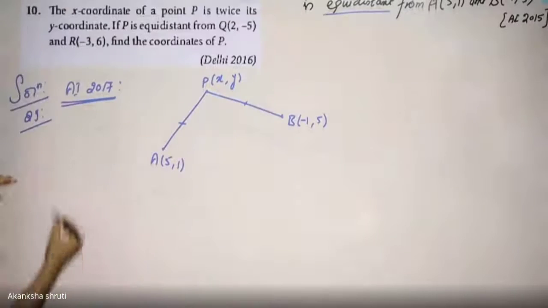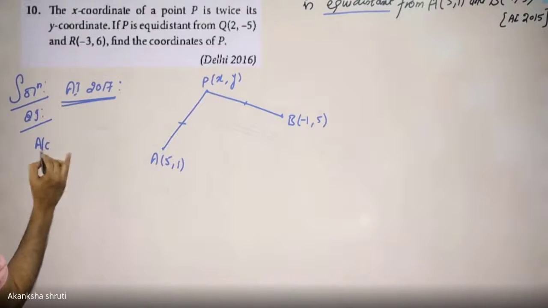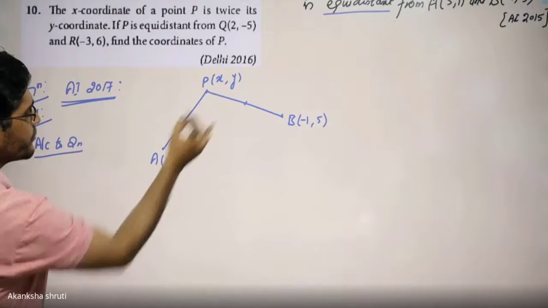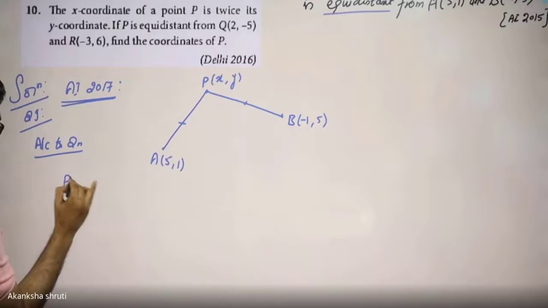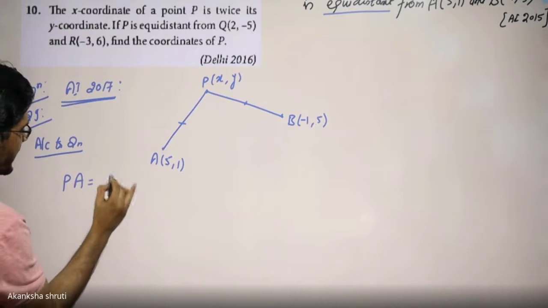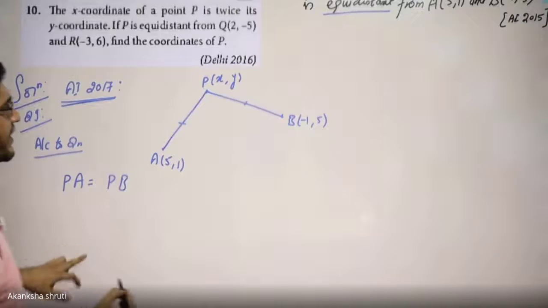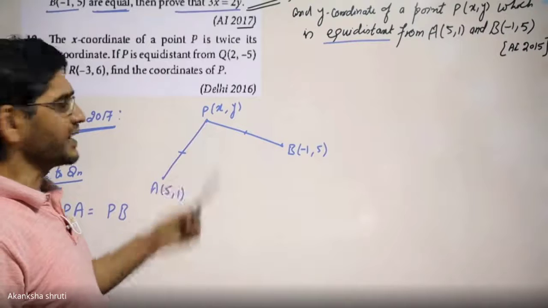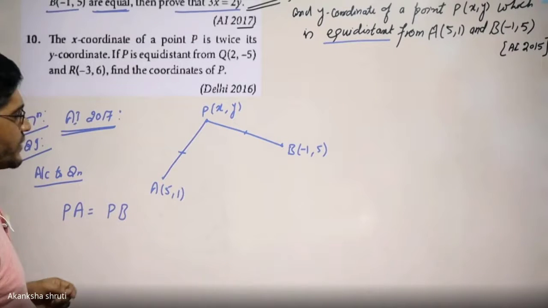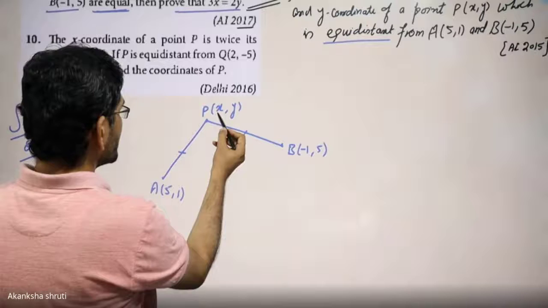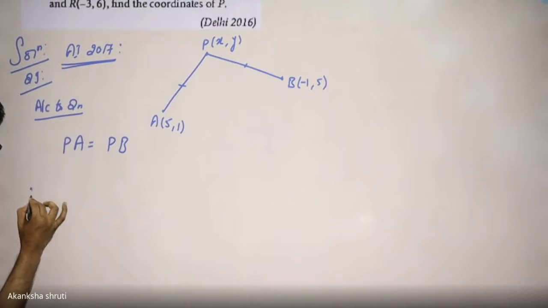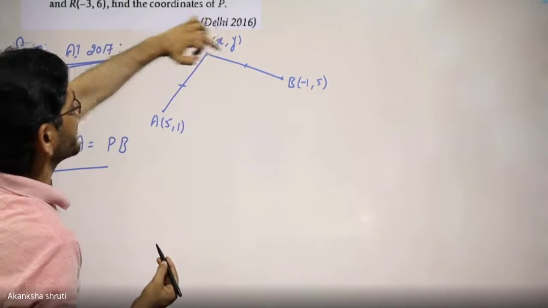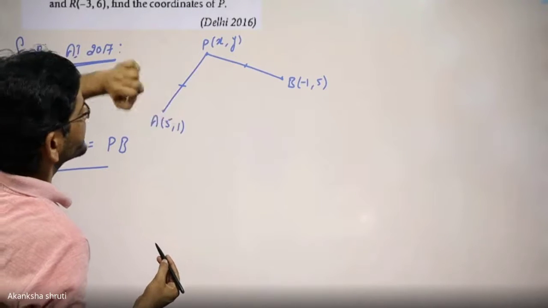Therefore, according to the question, we have the condition that P is equidistant from A and B, meaning PA is equal to PB. This is the only condition given. Then we have to find the relation between x and y. Calculate PA using the distance formula. For PA we consider the coordinates of P (x, y) and A (5, 1).